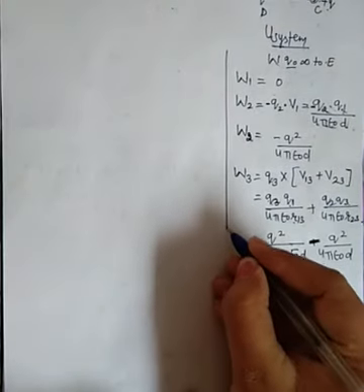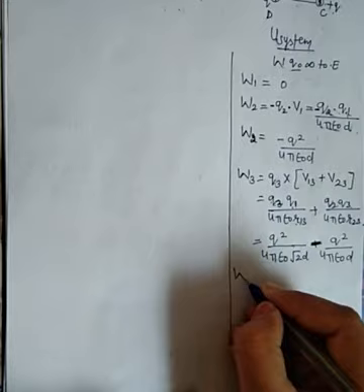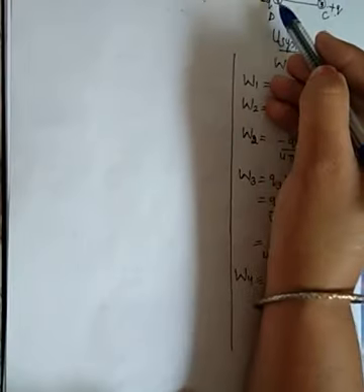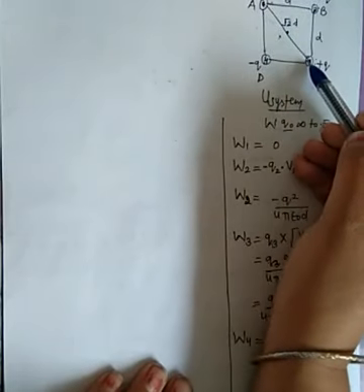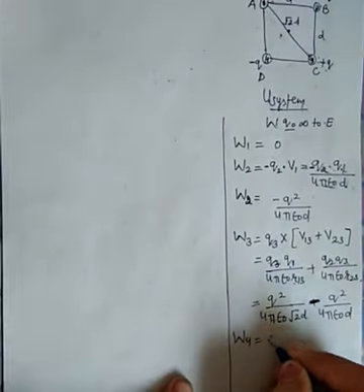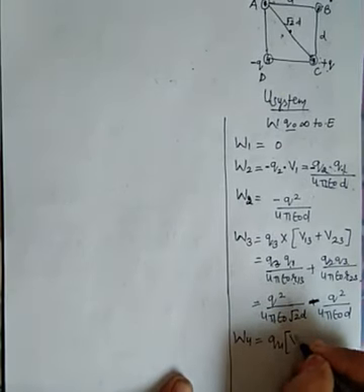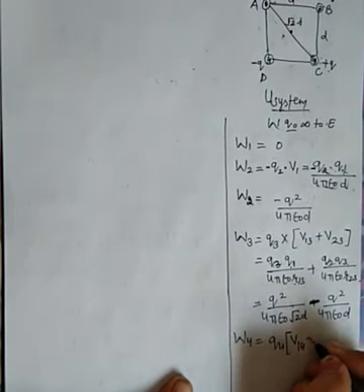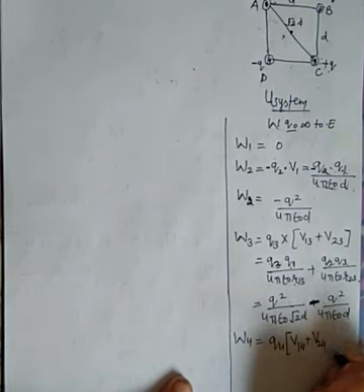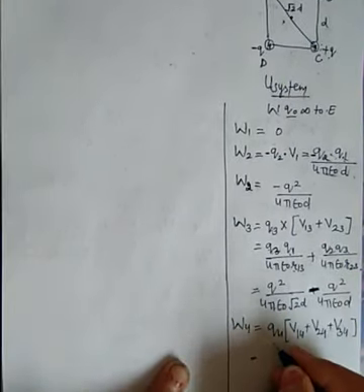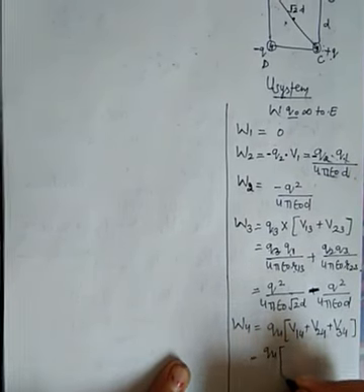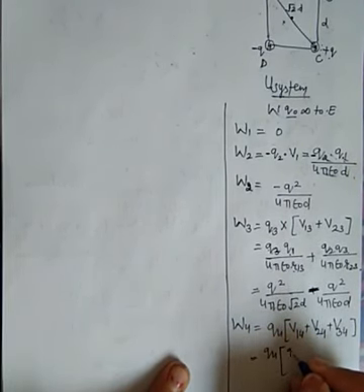Now what about the fourth? When the fourth charge is being brought here, three charges are already present: first charge, second charge, third charge. So Q4 into potential of the first charge at the fourth position, potential of the second charge at the fourth position, potential of the third charge at the fourth position. What is the potential of the first charge at the fourth position?